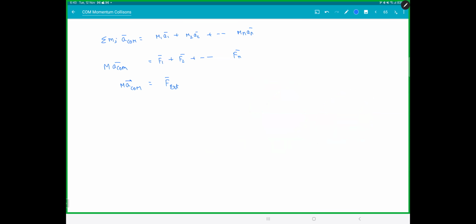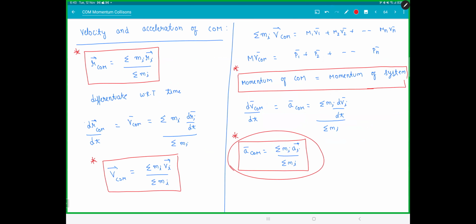So this is actually the proof for the center of mass. Center of mass was actually derived this way. F equals ma. We know F is equal to F1 plus F2 plus Fn, where F1 is M1 A1, M2 A2, Mn An. So they did it all in reverse, actually. From here we got the acceleration of center of mass. Now if you integrate this, I will get velocity of center of mass.